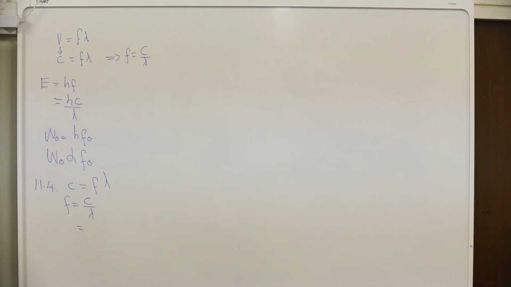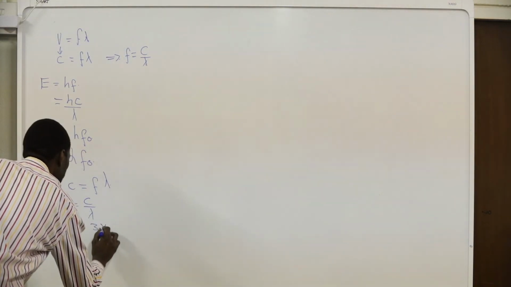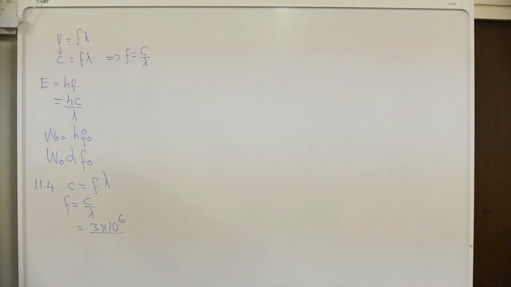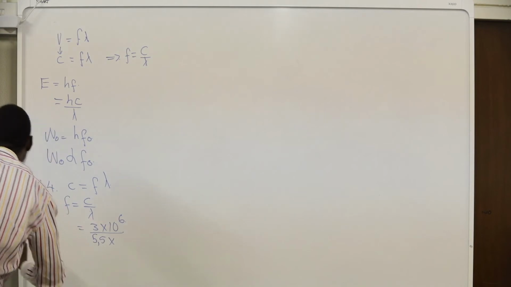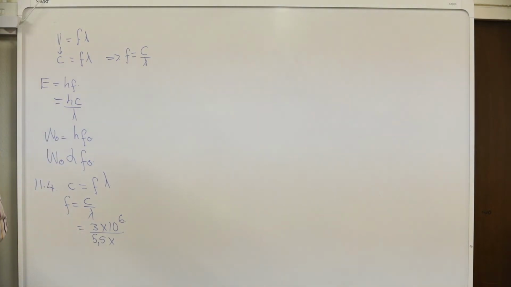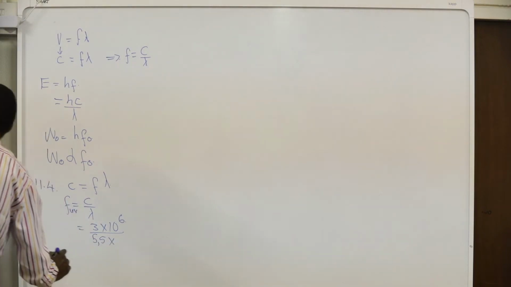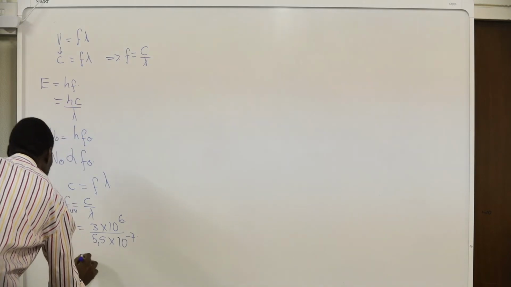The speed of light, we must know, is 3 times 10 to the power of 8, which is 3 million meters per second, divided by the lambda, in this instance 5,5 times 10 to the power negative 7.